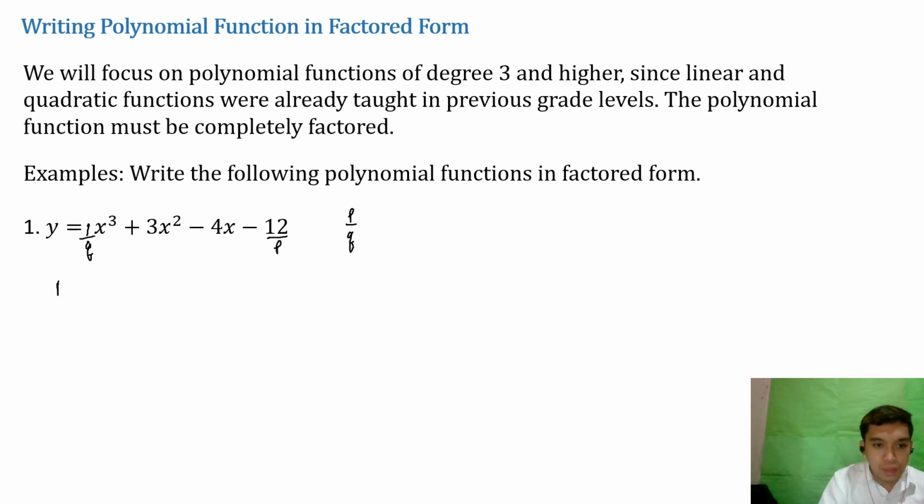Okay, so that is P over Q is equal to positive, negative. Okay, factors of 12, ano yung mga factors ng ating P? Factors ng 12 is 1, 2, 3, 4, 6, and 12.